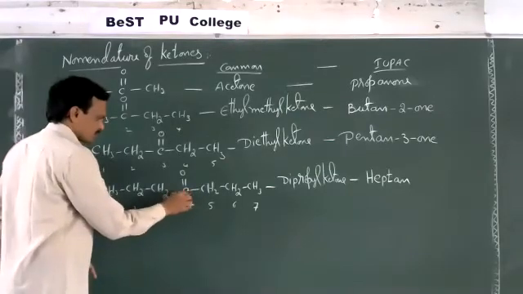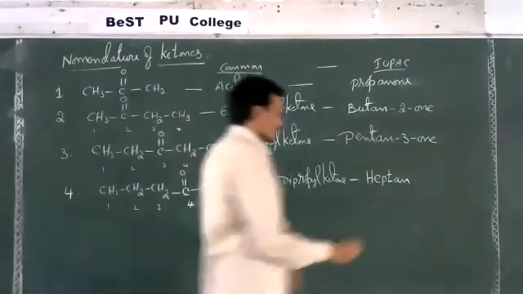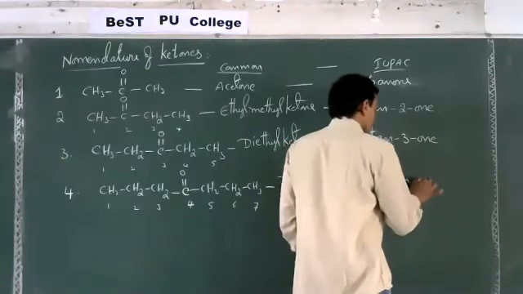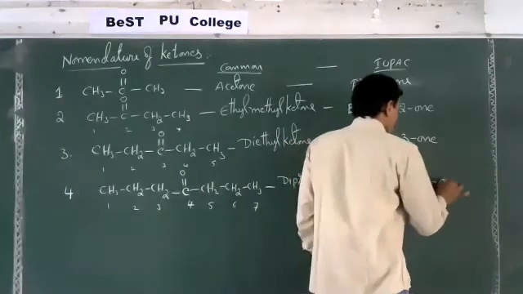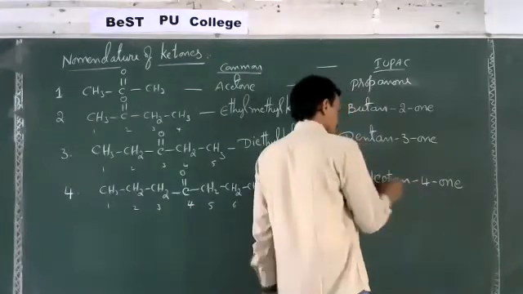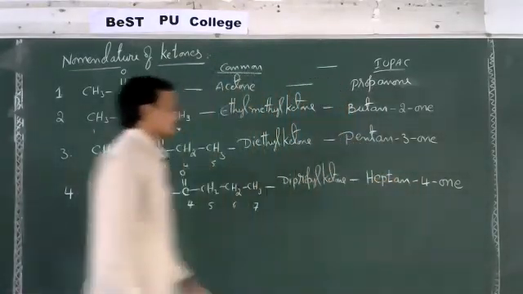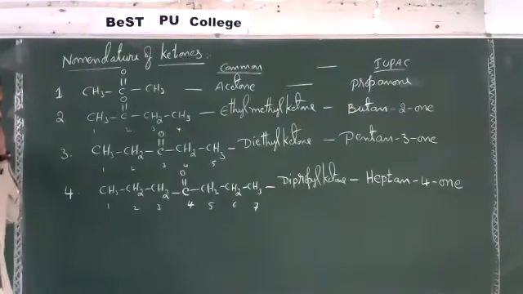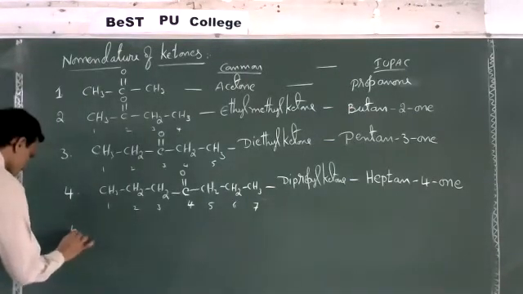So this is nothing but 4-one. So heptan-4-one. This heptan-4-one is the IUPAC name. Next.